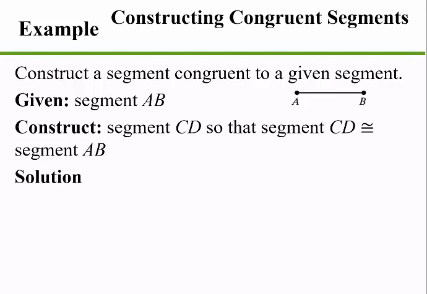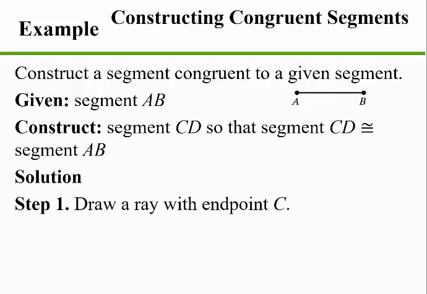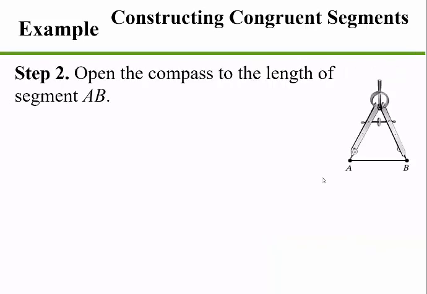Here's how you do that. First, draw a ray with endpoint C. Remember, we're looking for a segment CD, and a ray goes on forever, while a segment stops, so we draw a ray that goes on forever. The second thing we're going to do is open the compass, and this is what a compass looks like, to the length of segment AB.